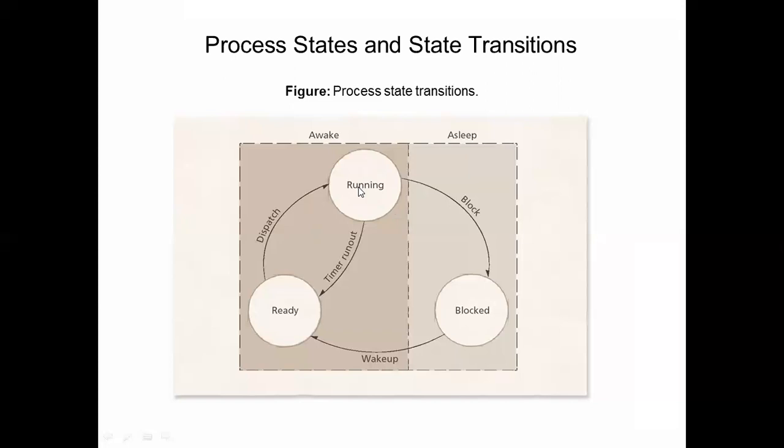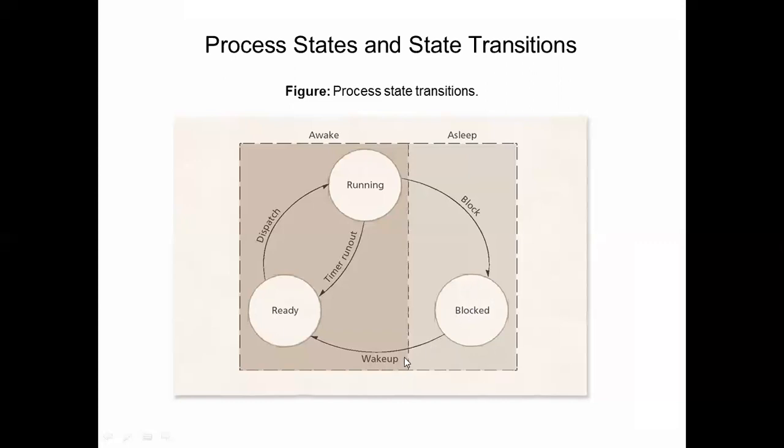From the running state, if you want to block a particular process, then this is the blocked state, and you can send the signal via the operating system, and your process will be blocked. You can also wake up the blocked process.